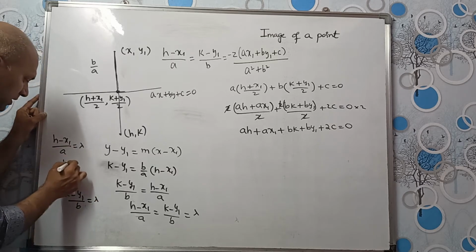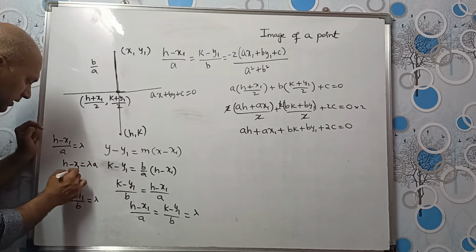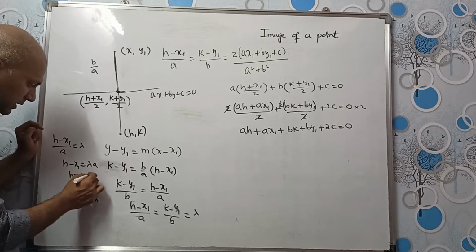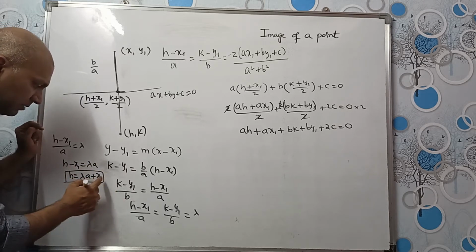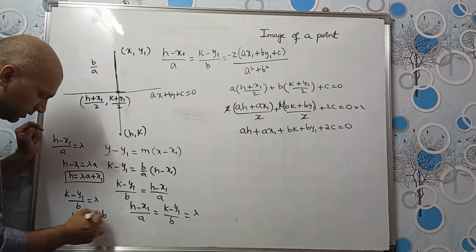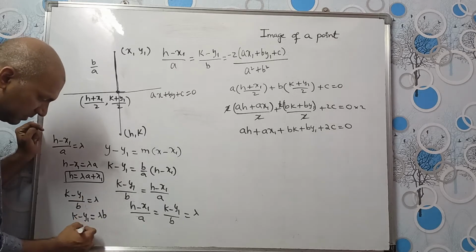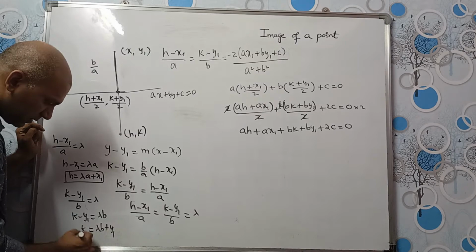What is the value of h? See, a goes on the other side, it will multiply, right? And x1 goes on the other side, it will be plus. So h is this, lambda a plus x1. Similarly, what will be the value of k? b goes on the other side, multiplies, y1 goes on the other side, becomes plus.